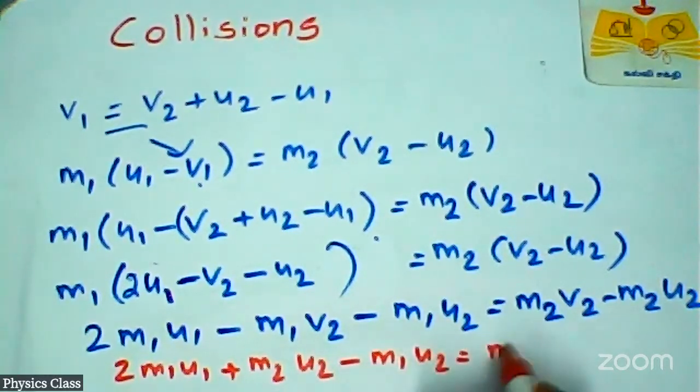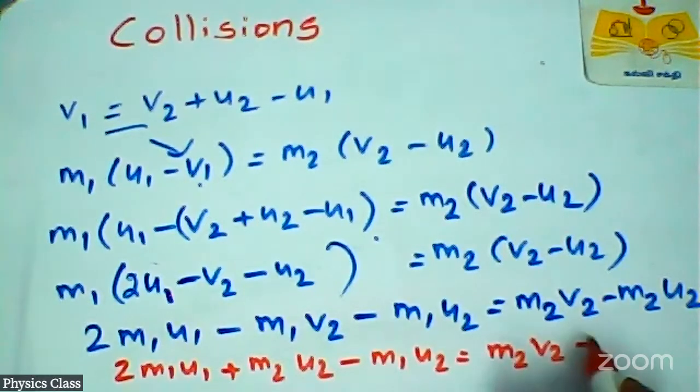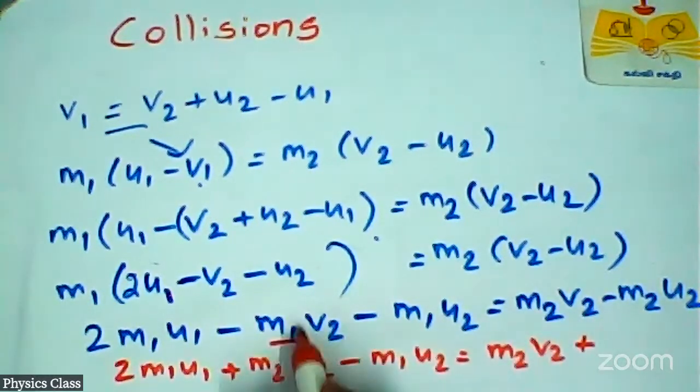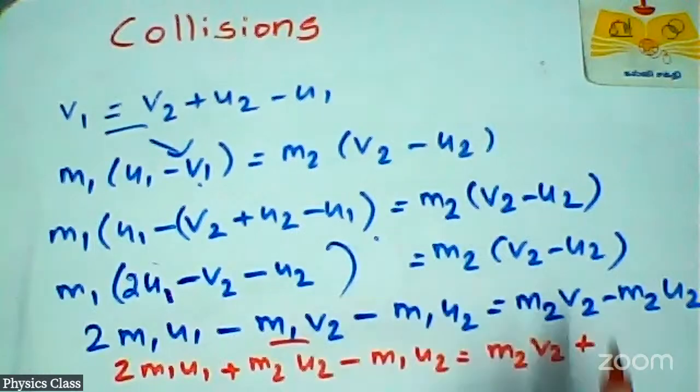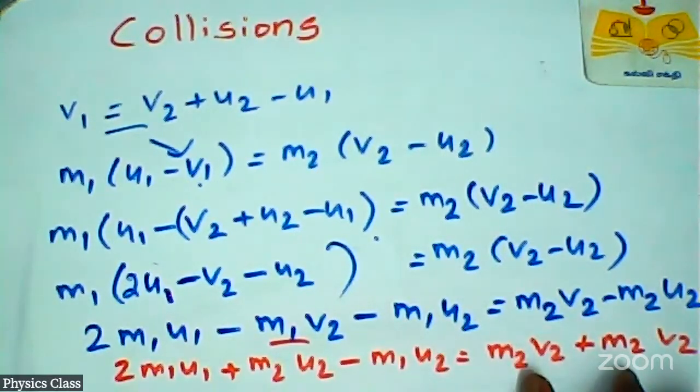And m2 v2, plus, because this quantity will go here. So plus m2 v2. Right, so in this quantity we can take v2 as common.